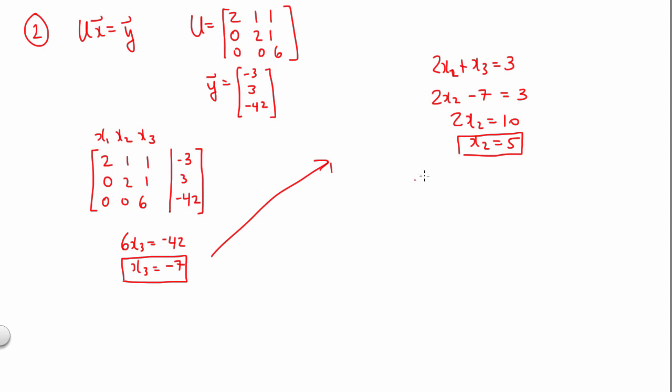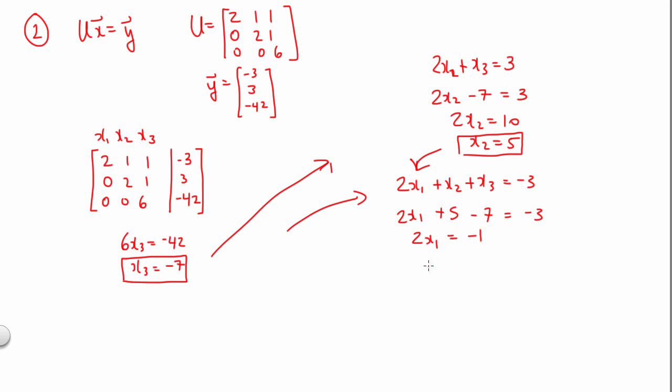Now going up to the top row, we've got 2x1 plus x2 plus x3 equals negative 3, and this time we're going to plug in both of our previously known values. x2 is 5 and x3 is negative 7. So this tells us that 2x1 is equal to negative 1, meaning x1 is equal to minus 1/2.